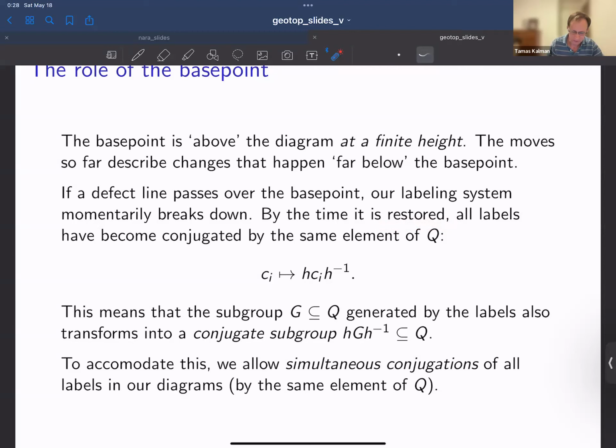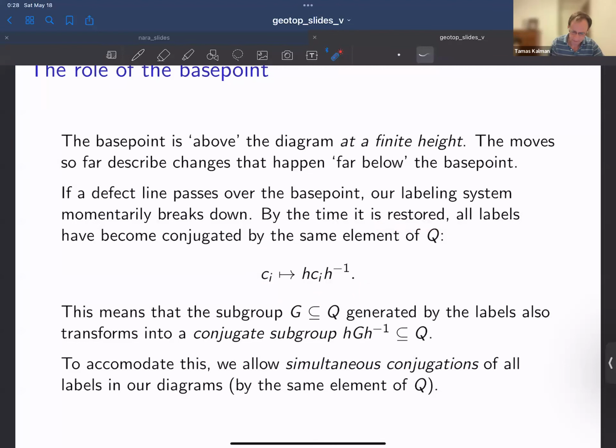The system is restored, but all labels will have been conjugated by the same element of Q. So this will happen to all the labels. Ci is one of the labels in my system, corresponding to one of the arcs, and it is going to get conjugated.